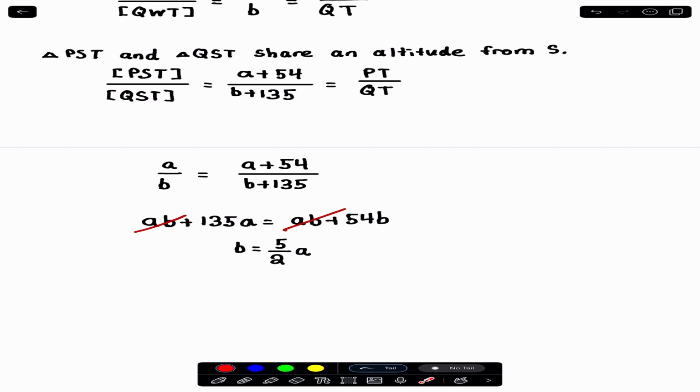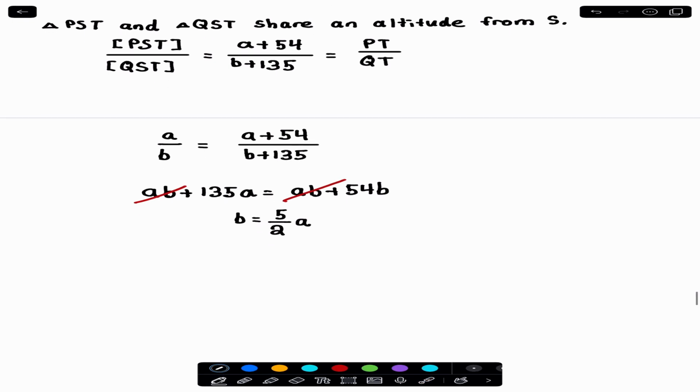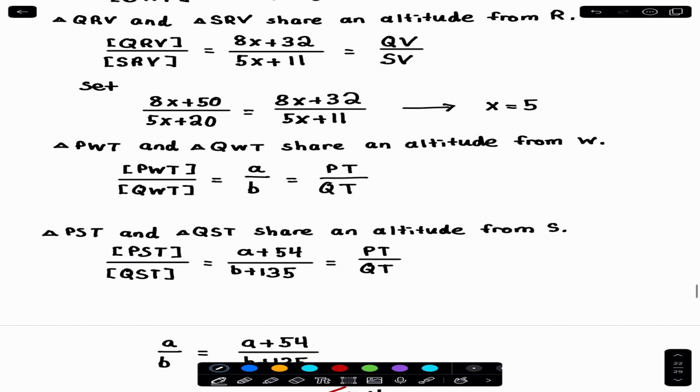Okay, so this is something to keep in the back of our mind, because right now we only have one equation and two variables.